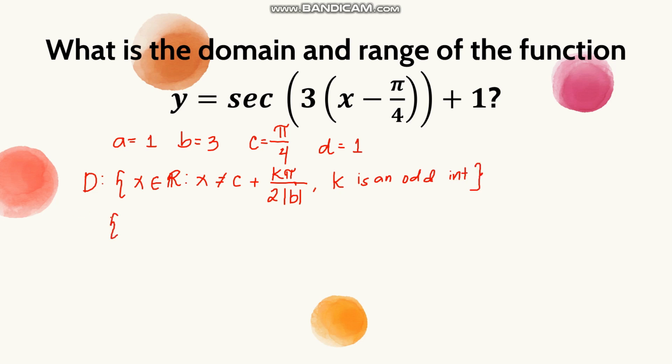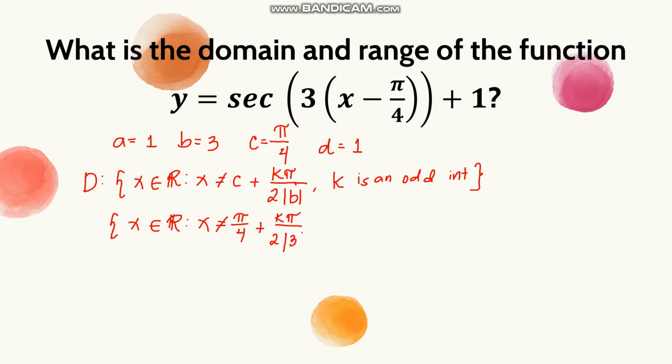Once you have already determined the formula and the values, all you have to do now is substitute. So x is an element of real numbers, then x is not equal to, substituting c, which is pi over 4, plus k pi. K here is a variable, so we can substitute any values as long as it's an odd integer. And then we have 2 times absolute value of b.